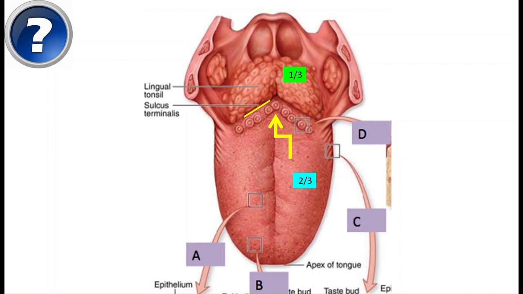And these yellow lines are indicating the sulcus terminalis. And on both sides of the lingual tonsils, you can see at the sides there are the palatine tonsils, and this is the palatine tonsil.